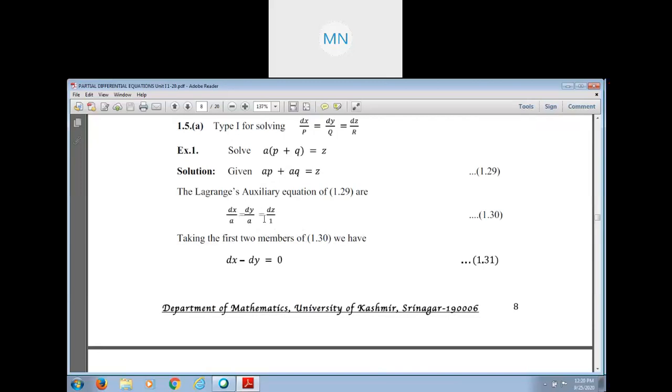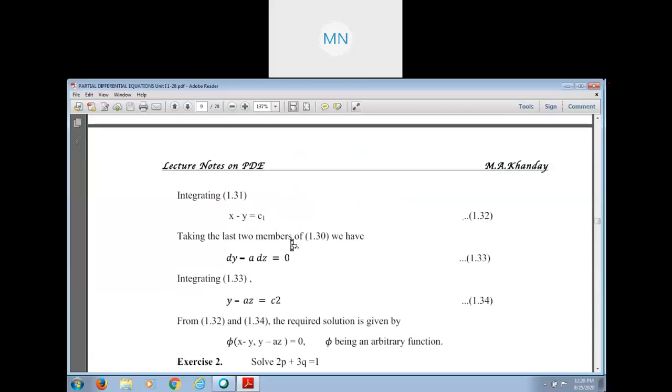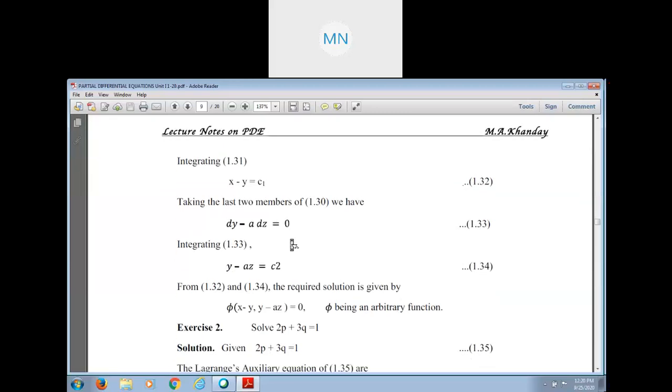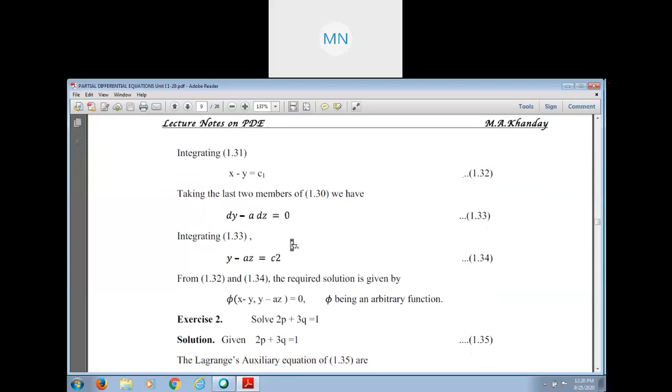If we take the first and last term, then dx equals a dz. That means dx minus a dz is 0.